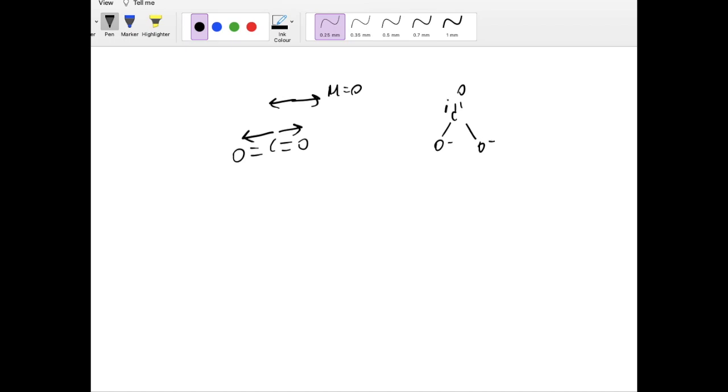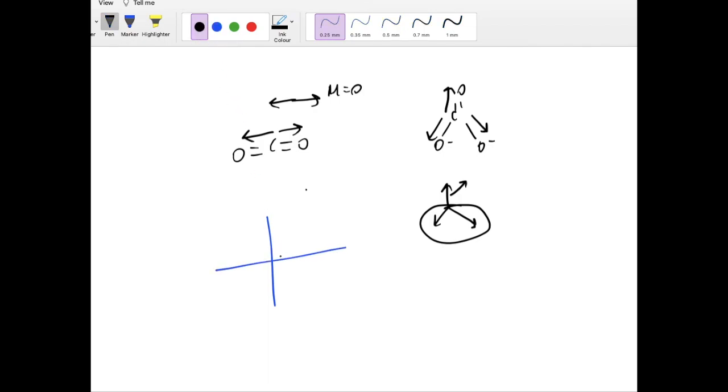For CO3 2 minus, there would be a dipole moment towards this direction, and this, and this. And what happens is the resultant of these two vectors is equal to this vector. So wait, I'll try to draw it on a coordinate plane.